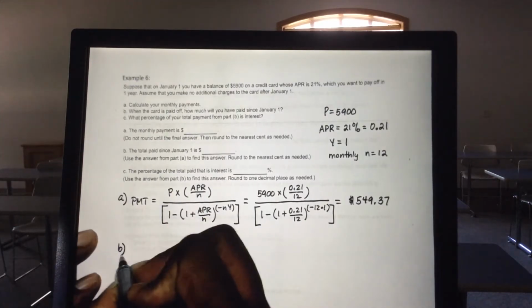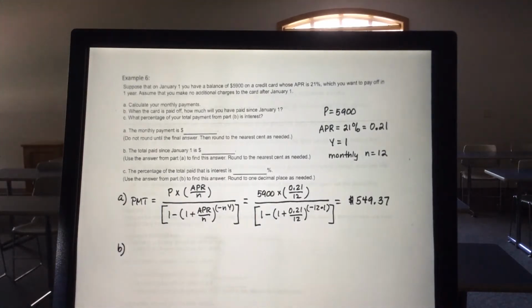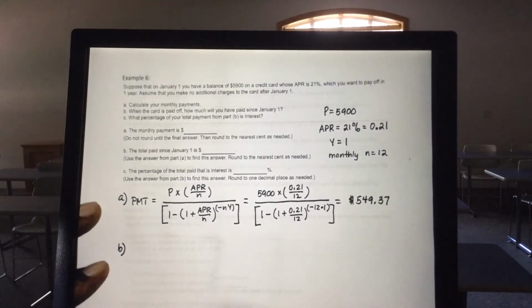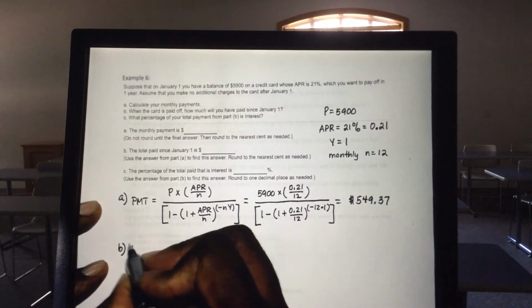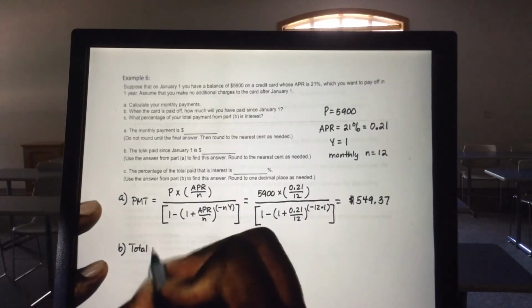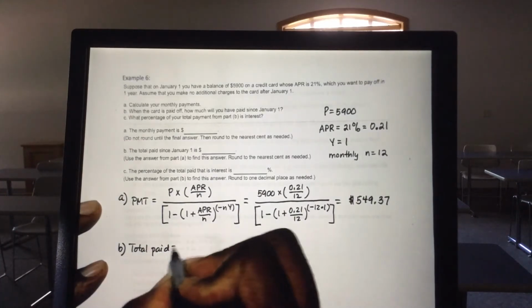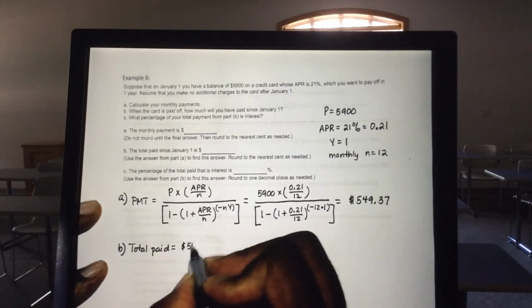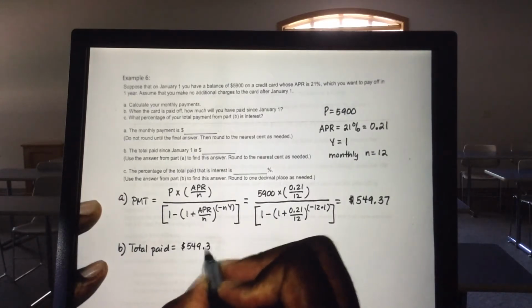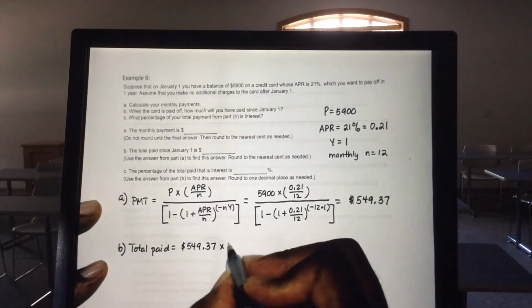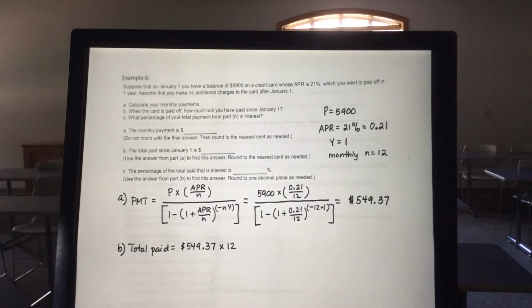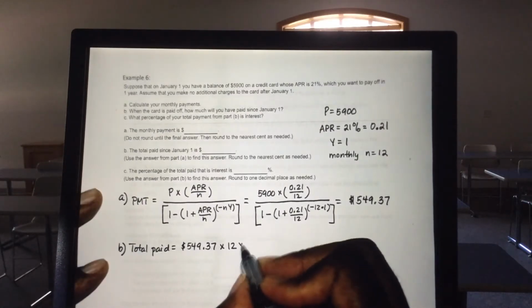Part B. We want the total paid since January 1. Okay? So this person is paying $549.37 per month, and there are 12 months in a year. That's 12 months for only 1 year.